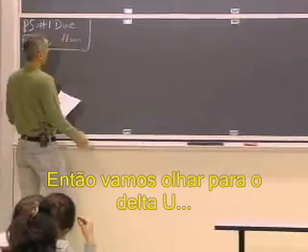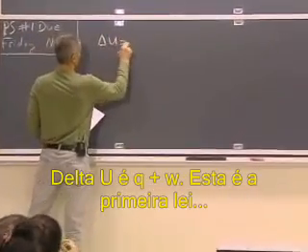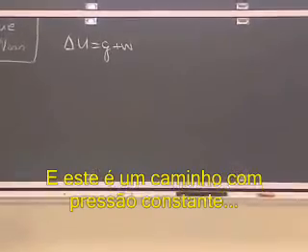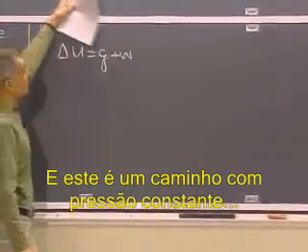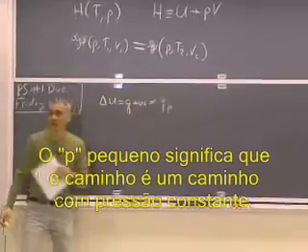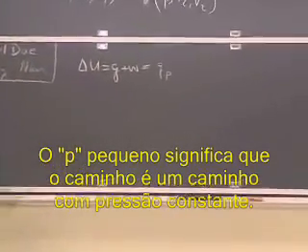OK, so let's look at delta U. Delta U is Q plus W. That's the first law. And this is a constant pressure path. So now I can write this Q is actually Q under constant pressure. Little p means the path is a constant pressure path.